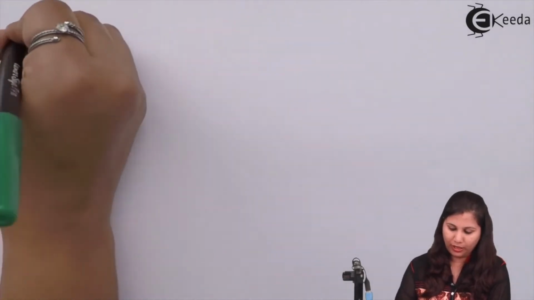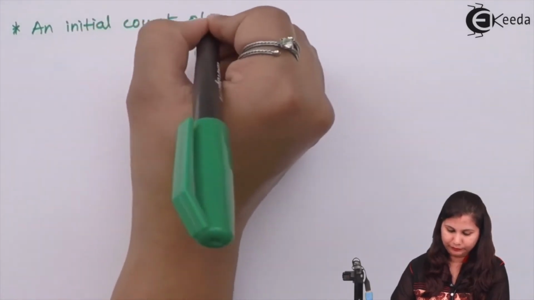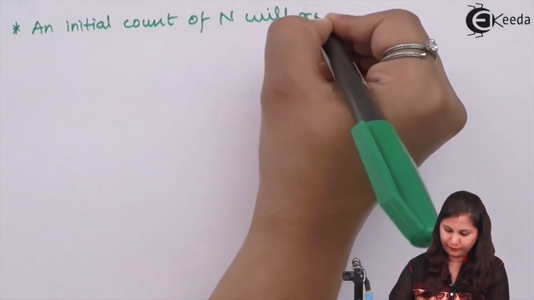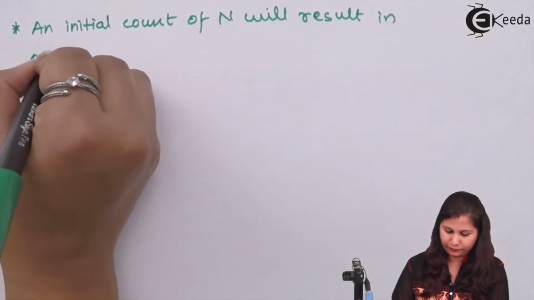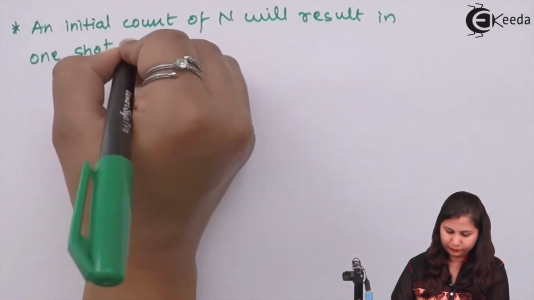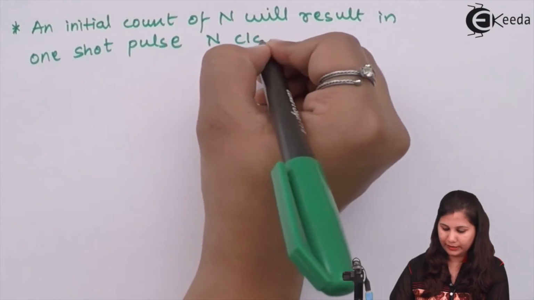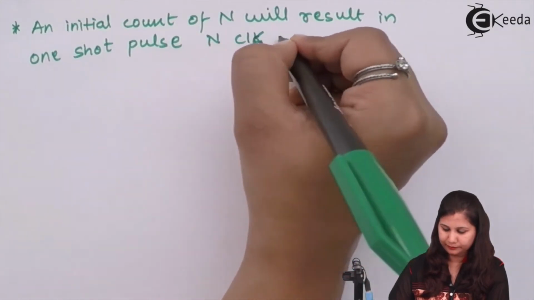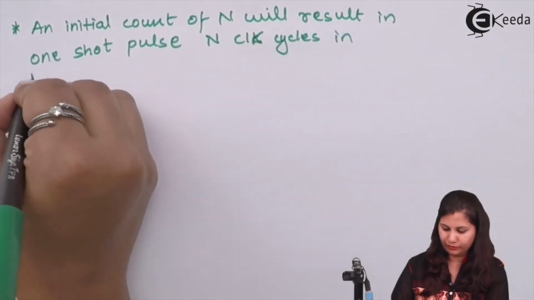So an initial count of n will result in a one shot pulse which is n clock cycles in duration.